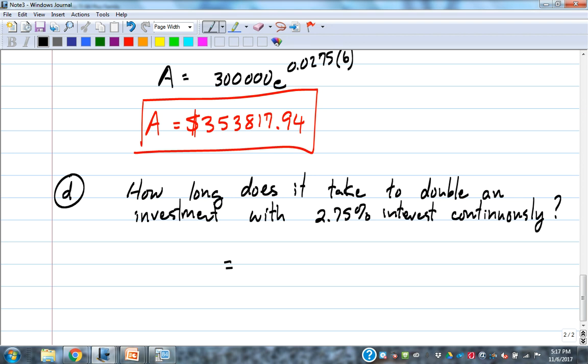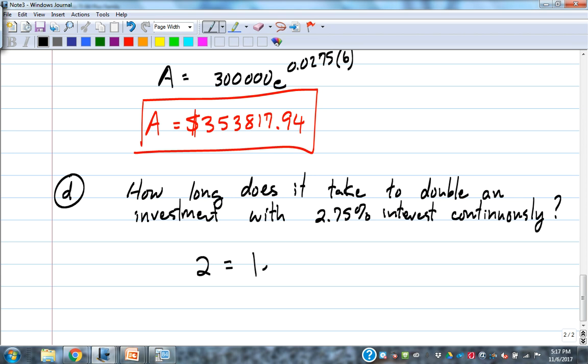Which one's easier to work with, millions or one? One. So anytime they ask you something about doubling an account, continuous interest or compound interest, your initial investment, your P, should be a 1. And if you're doubling 1, your account worth is going to be 2.